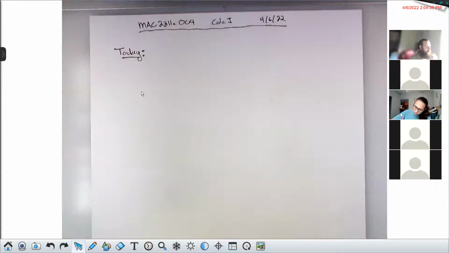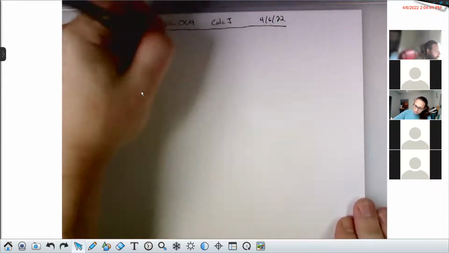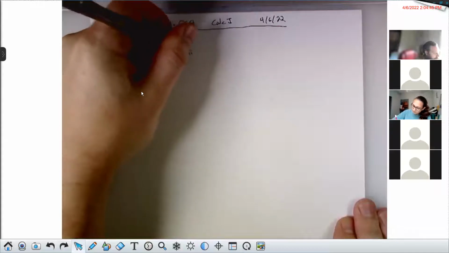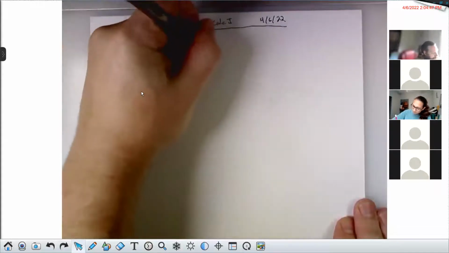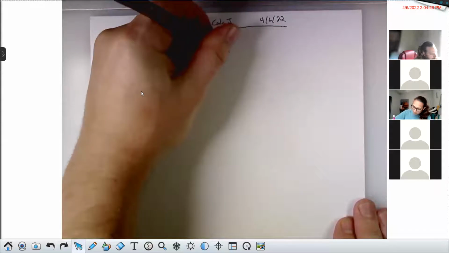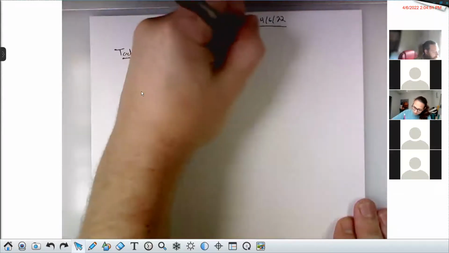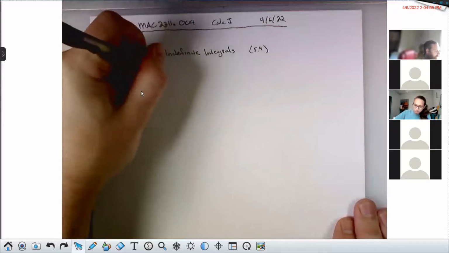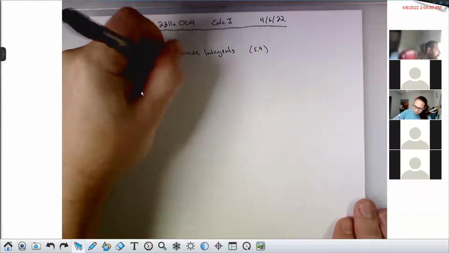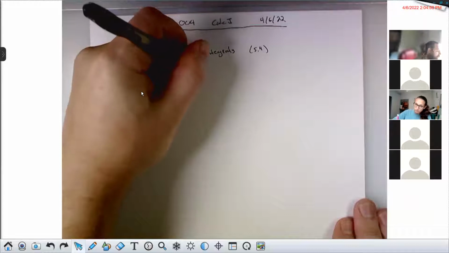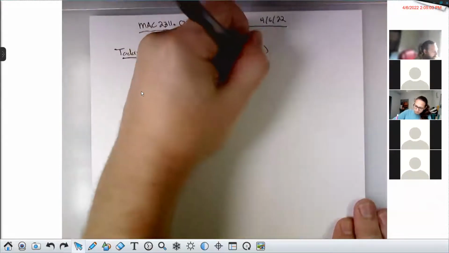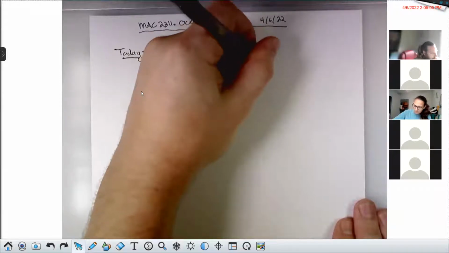Today on the chopping block, indefinite integrals, which is section 5.4, and also the net change theorem, which is section 5.4 as well.